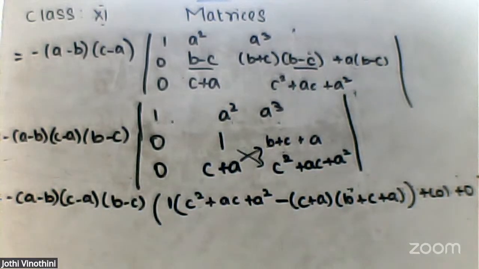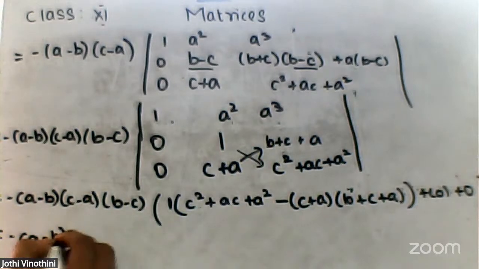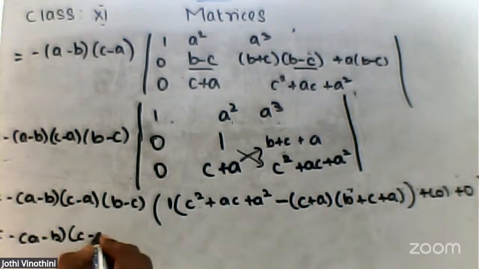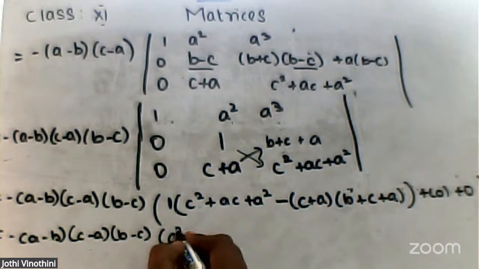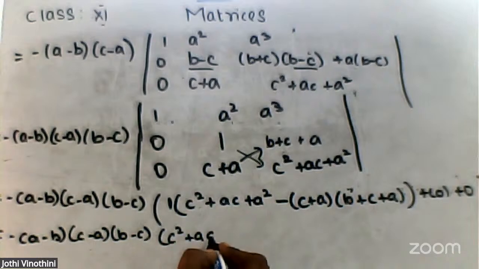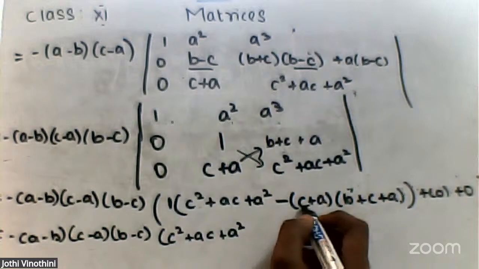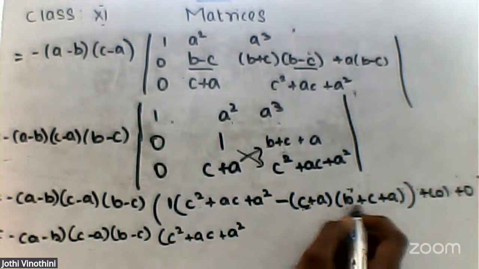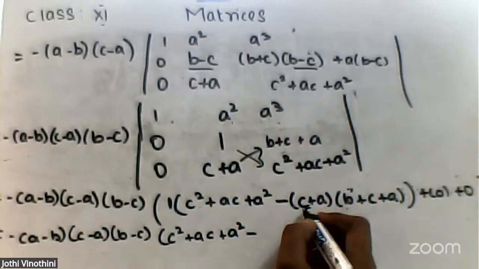Shall we solve it? Yes. It's A minus B, C minus A and B minus C. So it will become C squared plus AC plus A squared. So I'm going to multiply these terms together. So it will become minus.